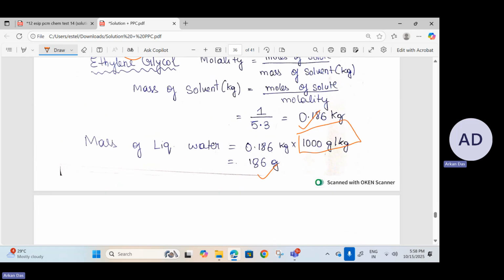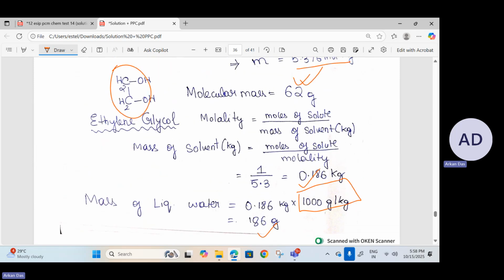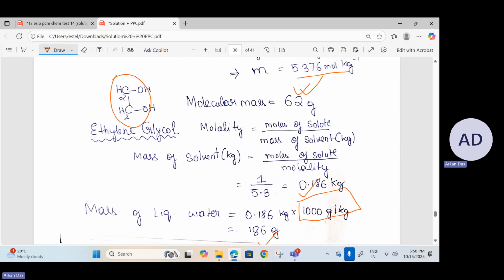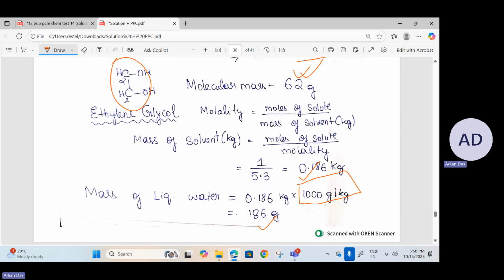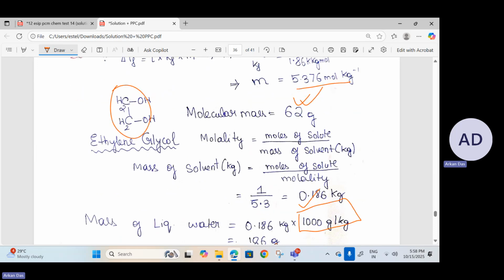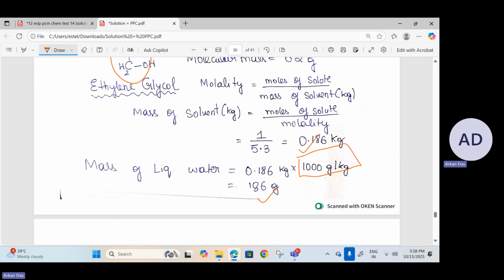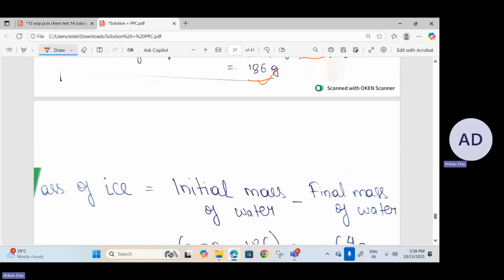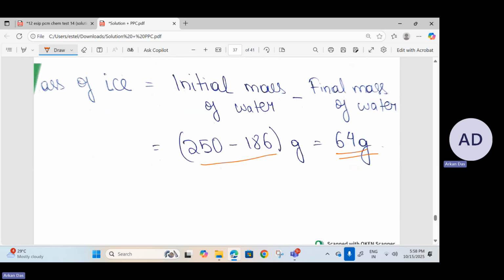I hope it is pretty clear, because here what we did, we calculated the molecular mass of ethylene glycol, then we just used the molality formula, where it is the moles of solute divided by the mass of solvent. We have to find out the mass of solvent after depression and all happened. So we found out the mass of the solvent is actually 0.186 kg or 186 gram. And we already knew the mass of water before. So 250 minus 186 is going to give me 64 gram. That is my answer.